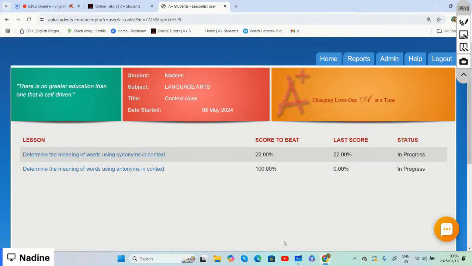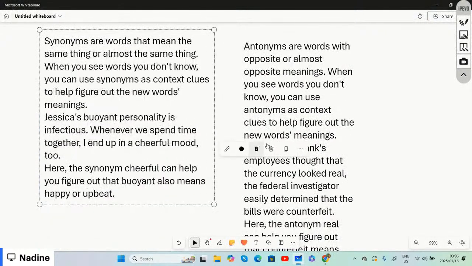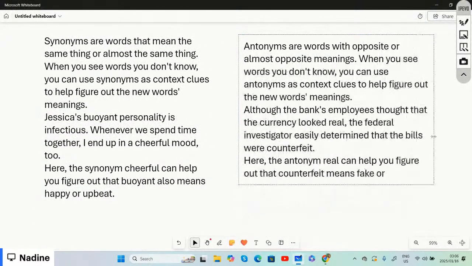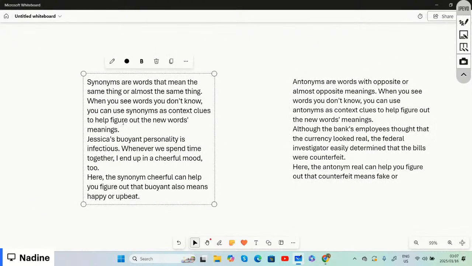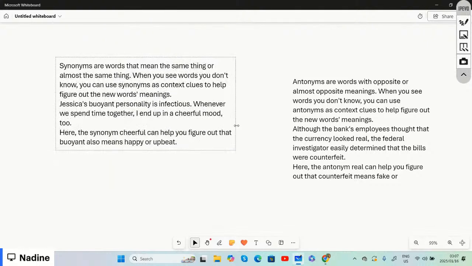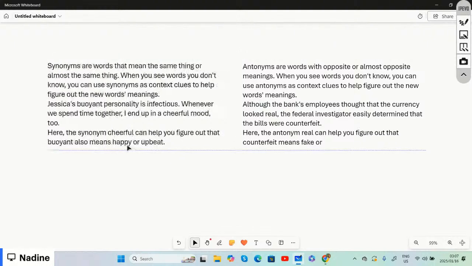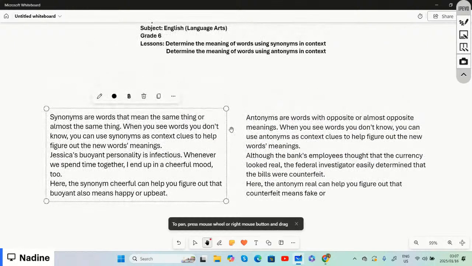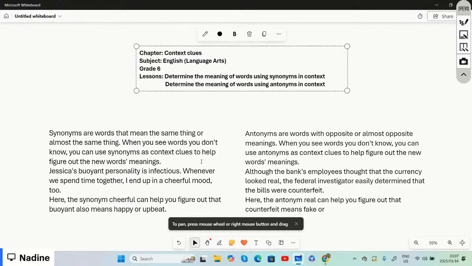All right. So our chapter is context clues. Our subject is English Language Arts. We're doing grade 6.